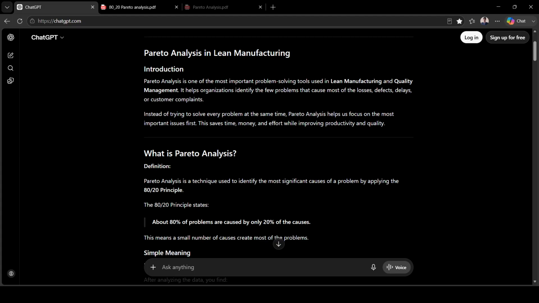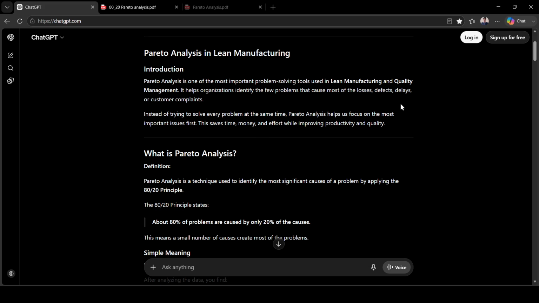Instead of trying to solve every problem at the same time, Pareto analysis helps us focus on the most important issue first. This saves time, money, and effort while improving productivity and quality.